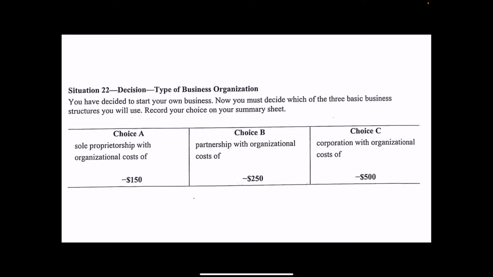Or C, you're going to apply for a corporation, a bigger one, with organizational costs of $500. What would be your preference if you were going to start your own business? So write down your choice, A, B, or C, subtract the dollar amount, and figure out your new balance.